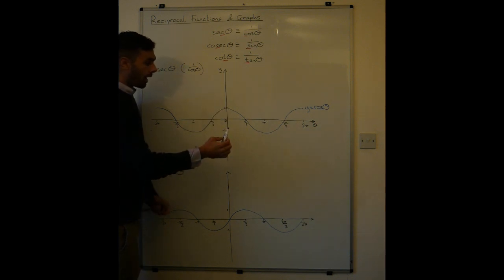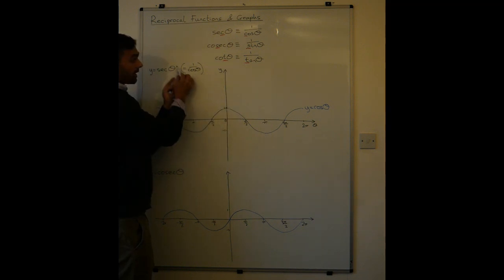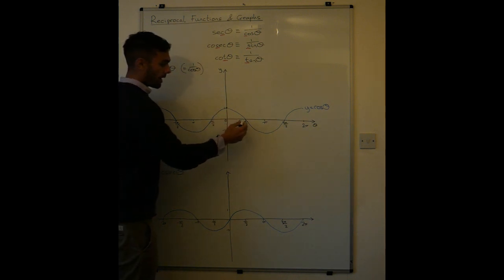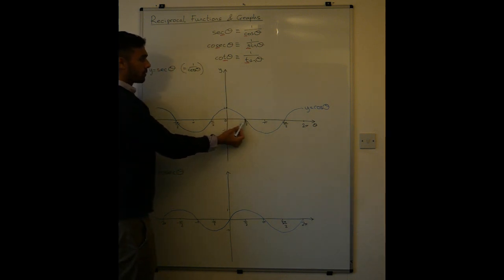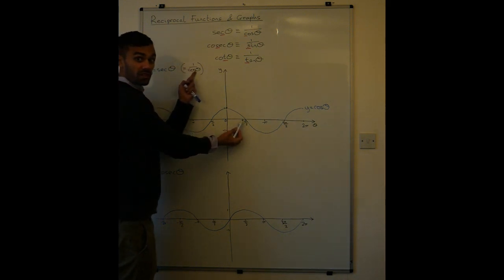If you can't see why, just think about it. Over here, where cos is very small, sec is 1 divided by a very small number, which is going to be close to infinity. Okay, and then at pi over 2, cos is 0. 1 divided by 0 isn't defined, it doesn't make any sense.